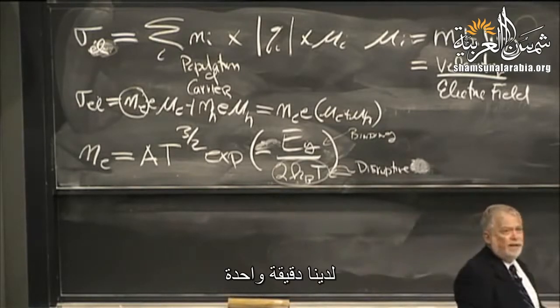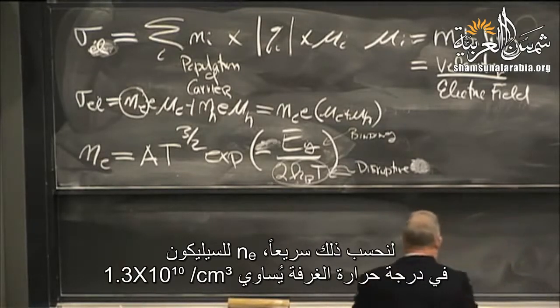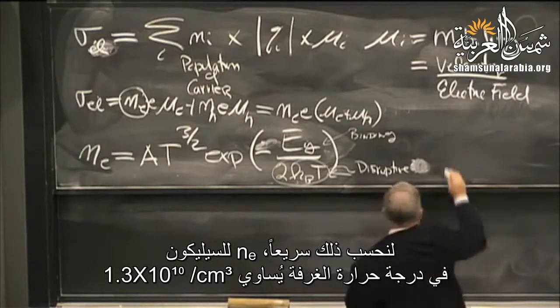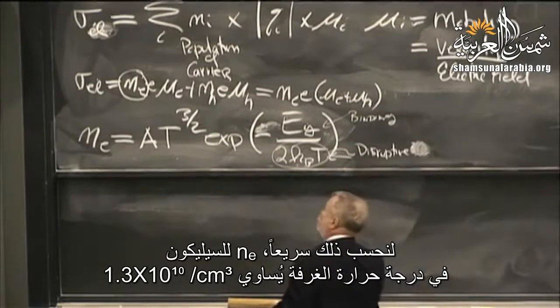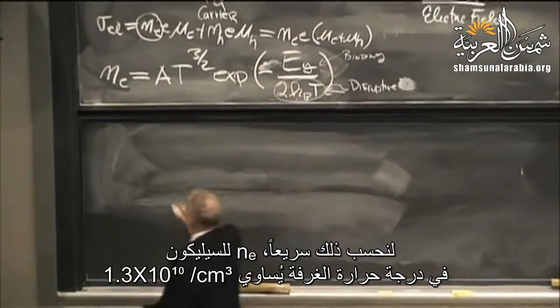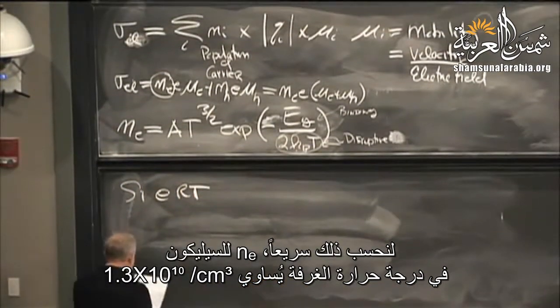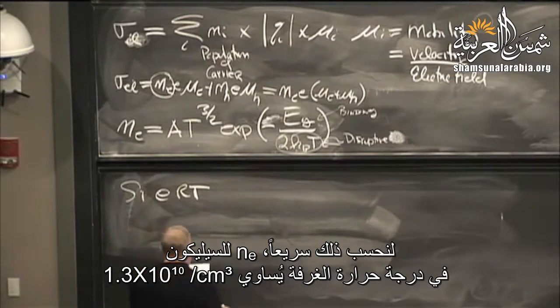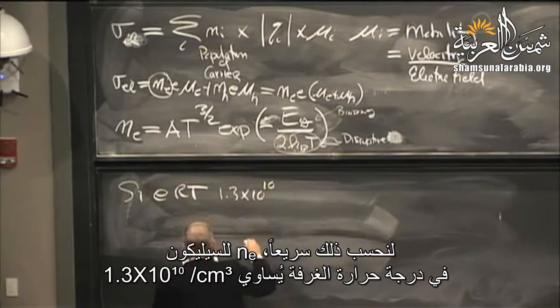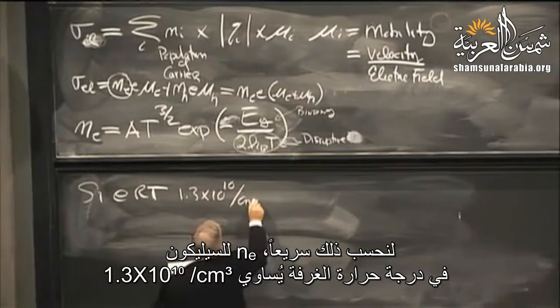Well, we've got 1 minute, okay? Let's do a quick calculation for silicon, just to close the loop here. For silicon at room temperature, that number comes out 1.3 times 10 to the 10th per cubic centimeter.